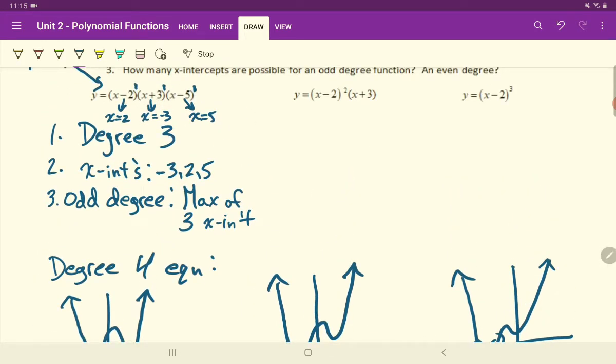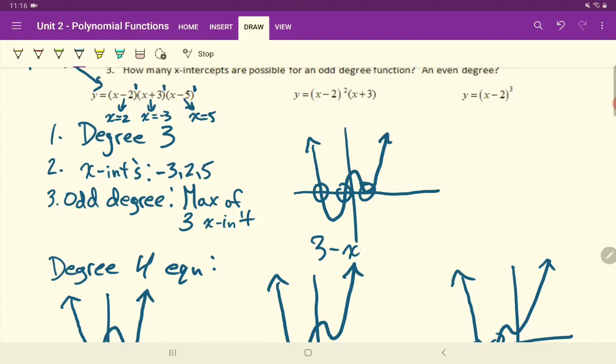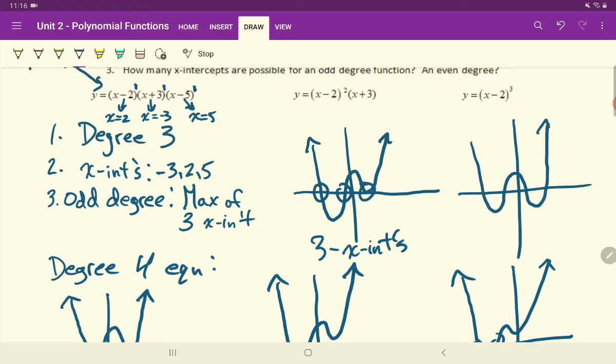Let's see if we can draw, and then I'll just erase these after. Can we have 3 x-intercepts? We can, right? 1, 2, and 3. And then lastly, can we have 4 x-intercepts? Definitely, right? 1, 2, 3, and then 4.